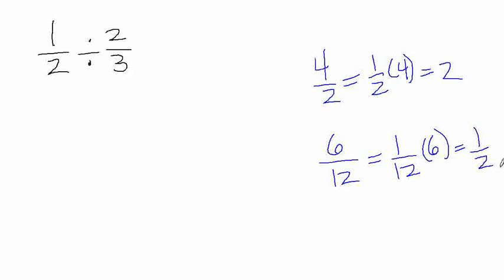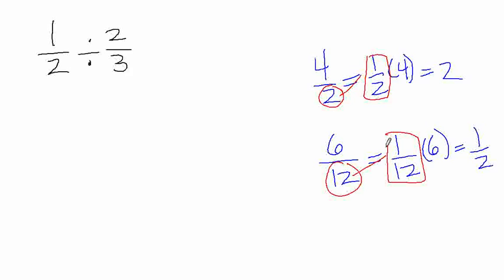Looking at the examples in blue, if we were dividing by 2, when we turned it into multiplication, it became 1/2. The 12 became 1/12. That's called the reciprocal, when you take a number and put it 1 divided by that number.